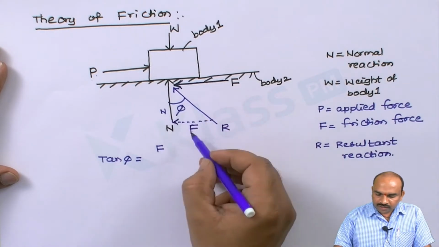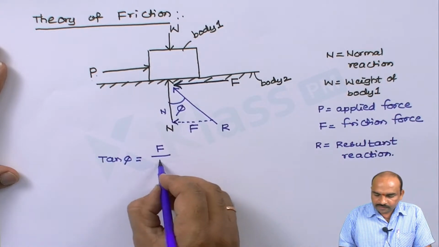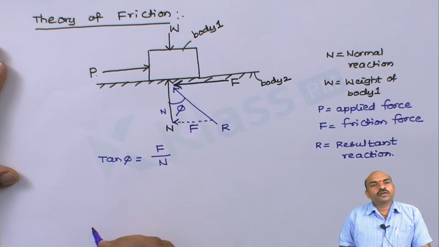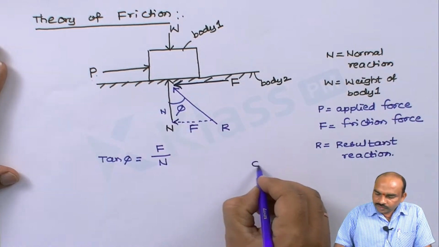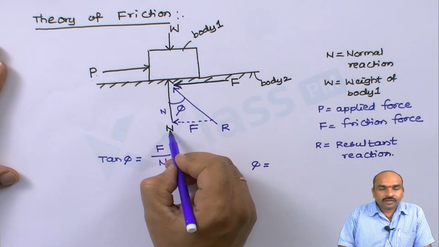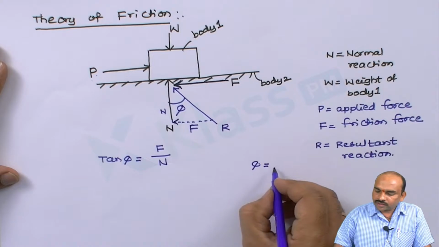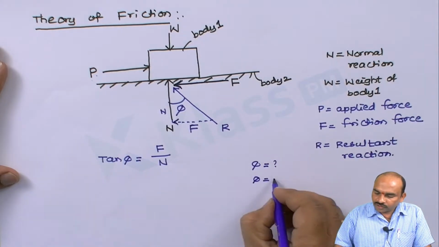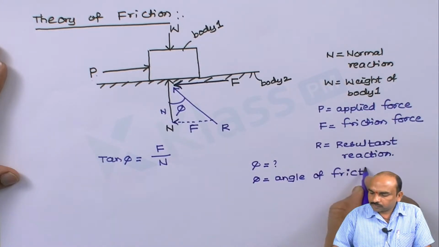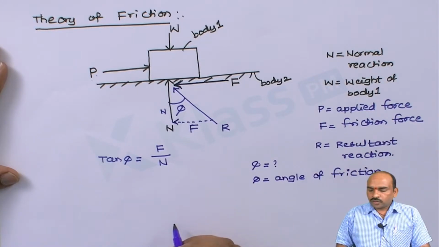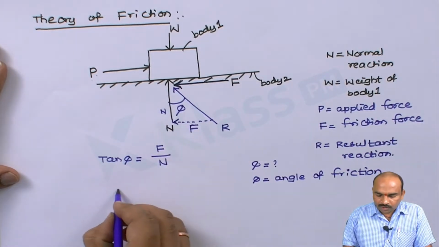So opposite to phi is the friction force F, adjacent to phi is N. In this case, phi, which is the angle between the normal reaction N and the resultant reaction R, is known as the angle of friction. Phi is called the angle of friction.